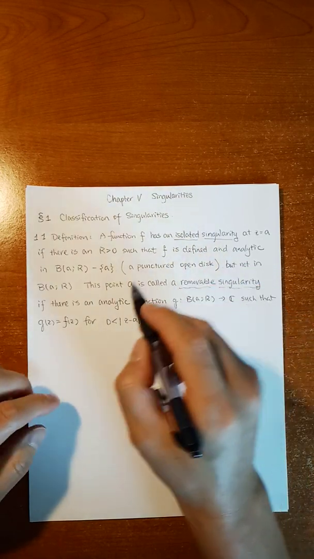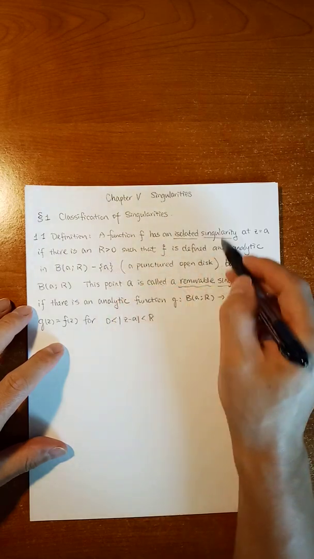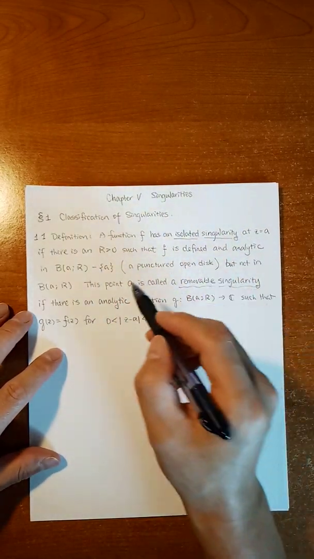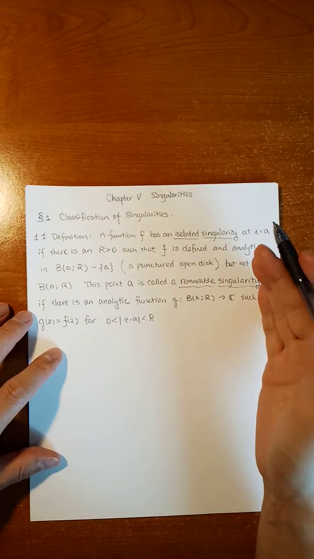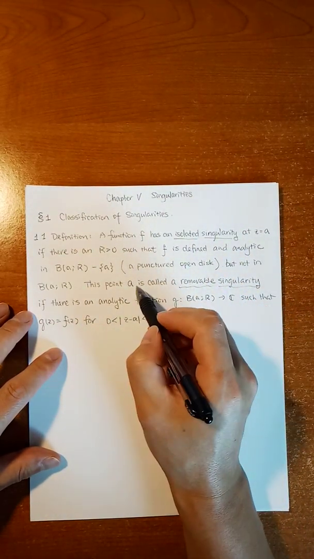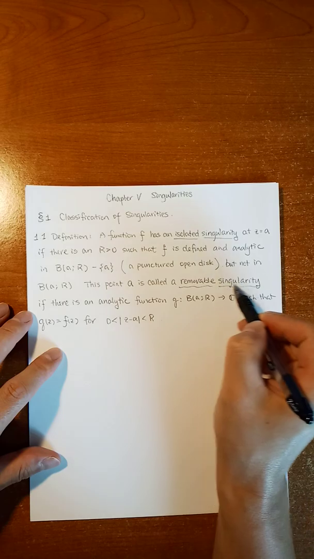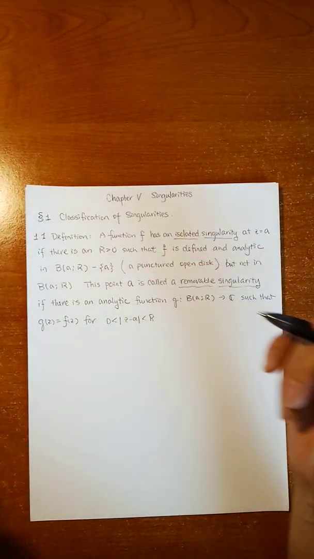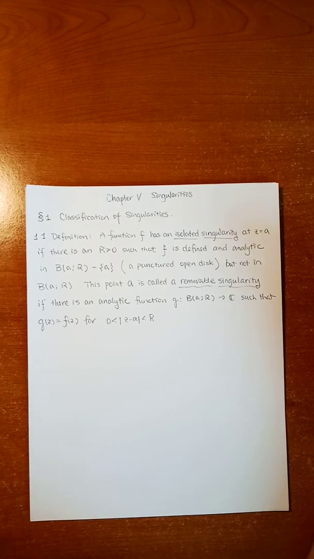We first define isolated singularity, and we continue this classification. It is called removable if you can extend the analytic function to the point.